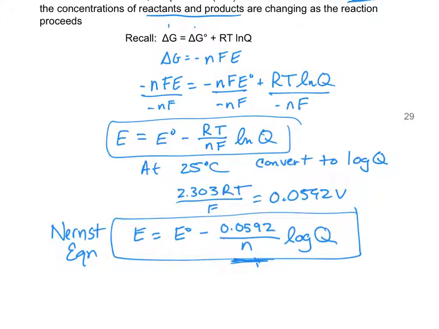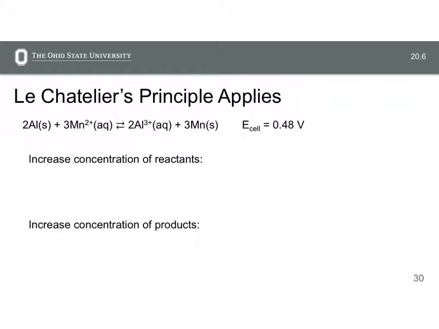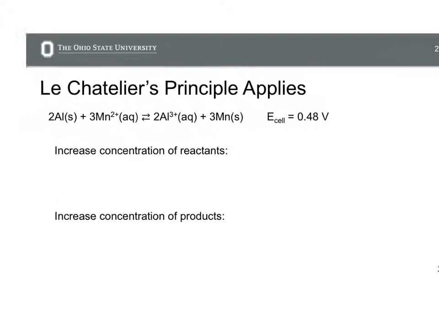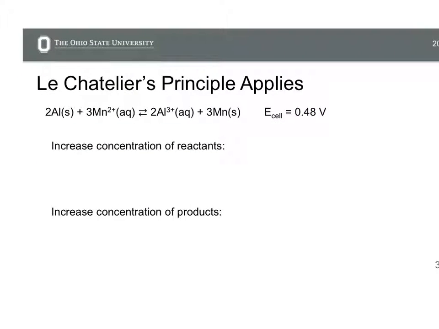Other questions? The other thing that's kind of neat here is that we looked a lot at Le Chatelier's principle when we started talking about equilibrium in chapter 15. It carried on through common ion effect and buffers, and it still applies here as well. Let's look at a reaction with solid aluminum plus manganese ion forming aluminum ion and manganese.